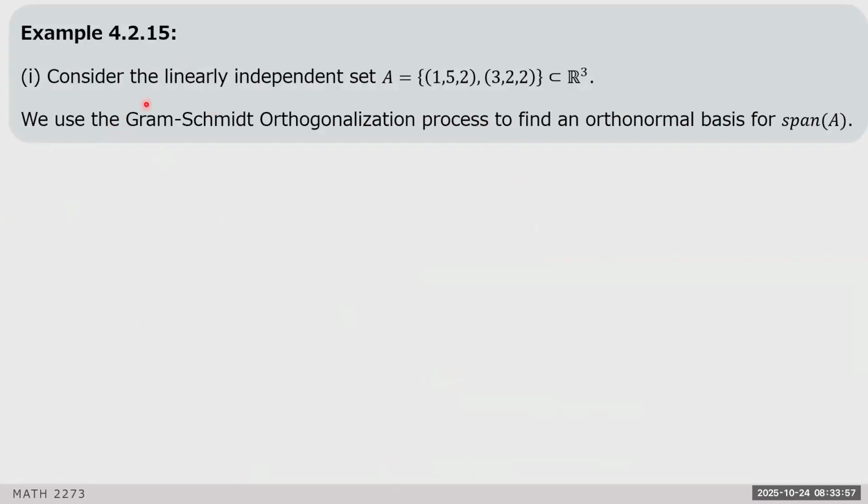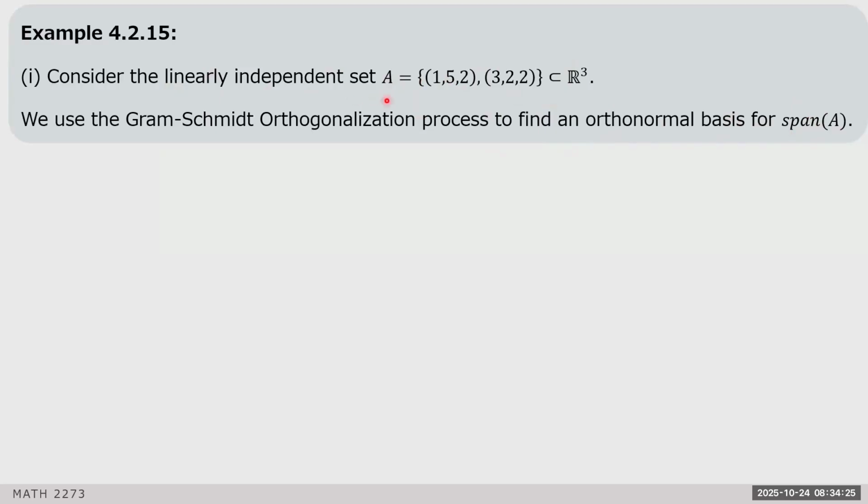Okay, so consider the linearly independent set A, and you're given two vectors in R cubed. Use the Gram-Schmidt process to find an orthonormal basis for the span of A. The span of A essentially means A will form a basis for this space, because what is the definition of a basis? It's a linearly independent set.